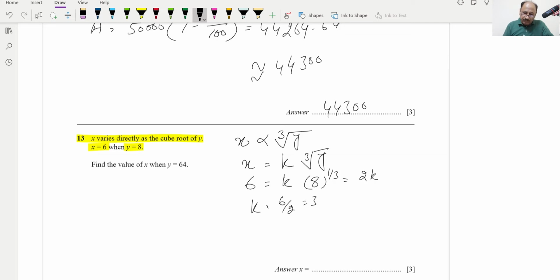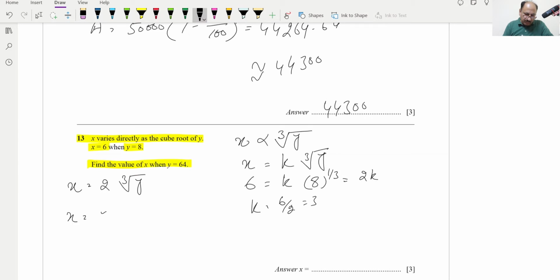So k value will be 3, and our equation will be what? X is equal to 3 times the cube root of y, and they're saying find the value of x when y is equal to 64.